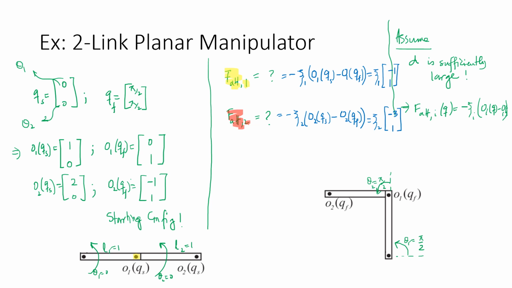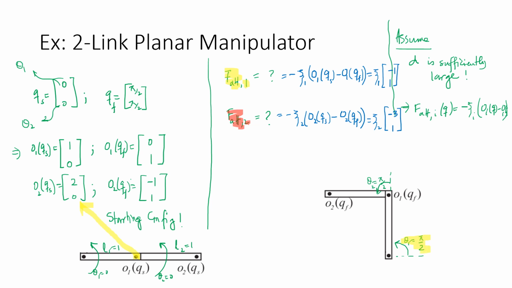So this would be something like in this direction, like an attractive force which is going to try to make the robot move to the final configuration. And that is exactly what you can see is going to result in this change eventually.